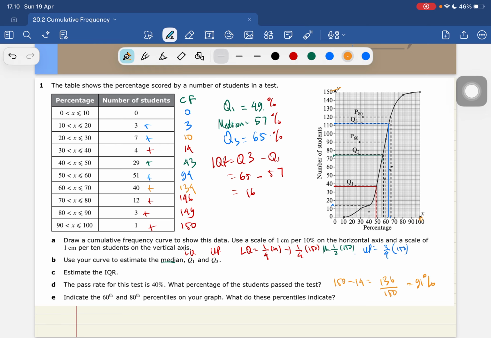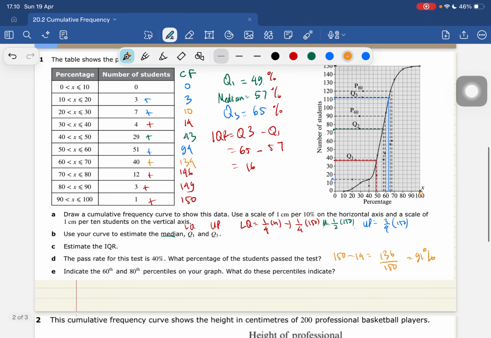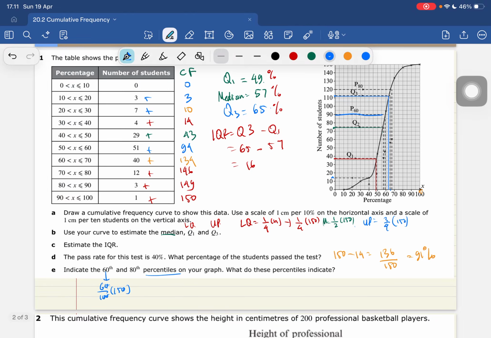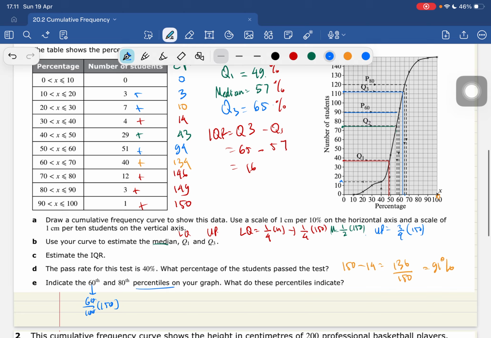Indicate the 60th percentile. The percentile is divided by 100, so 60 over 100 multiplied by 150 is equal to 15 times 6, so it's 90. Here, 90. Make a straight line and go down here.